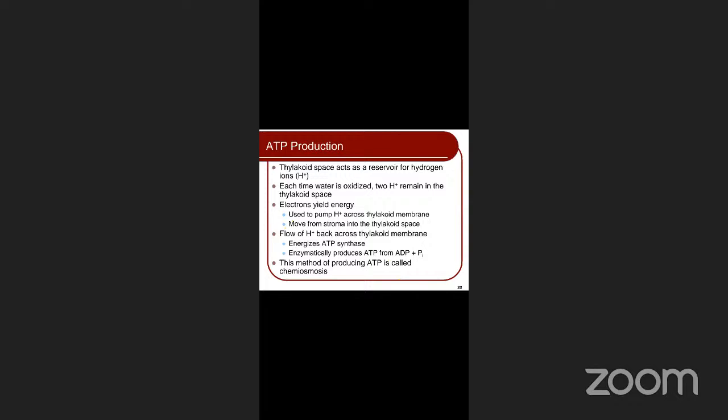Along with photosystem 1 in the stroma thylakoid, ADP and inorganic phosphate are converted into ATP in the presence of ATP synthase, which is located in the thylakoid membrane only.